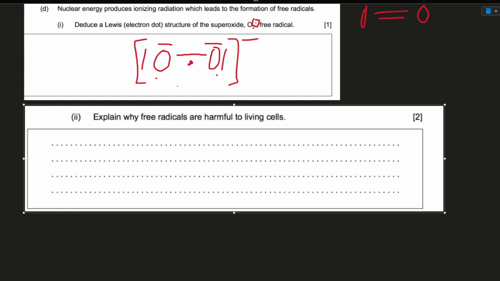So we can assume that since they're harmful to living cells, it can possibly damage the enzymes of these cells, which in turn could possibly cause cancer. So I'll just draw an arrow, which means cause cancer.